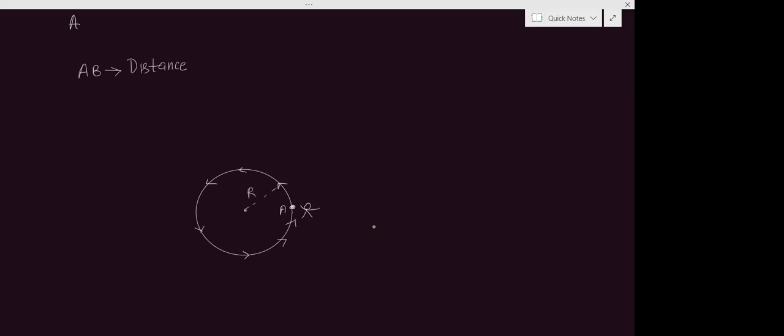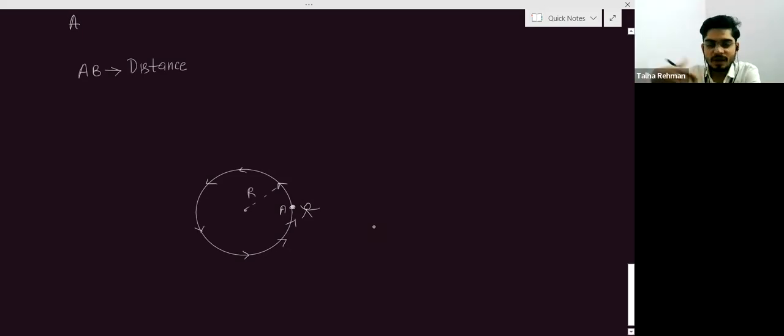If you know what the perimeter is, perimeter is just the length of the circular path. This person has traveled from this point A along a circular path and finally reached this point A.